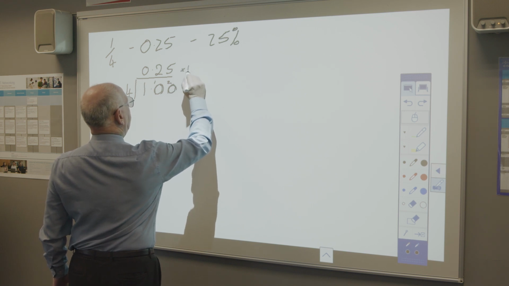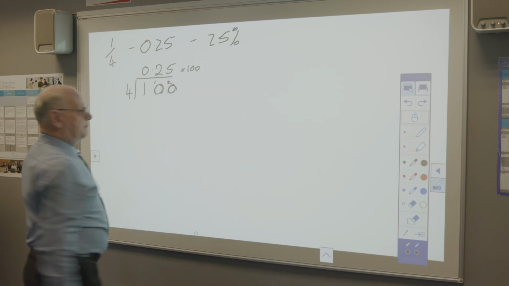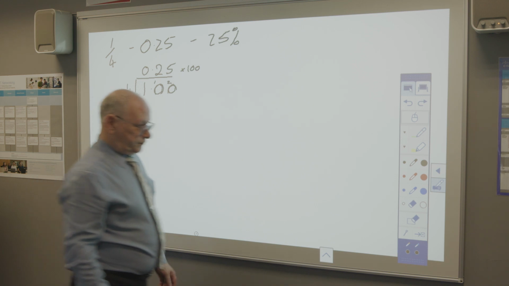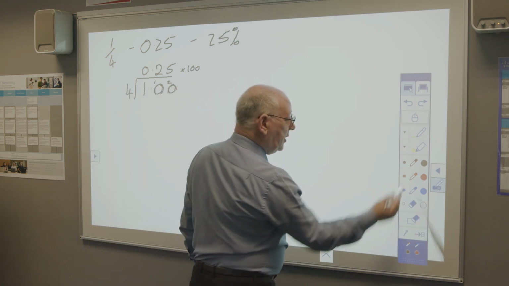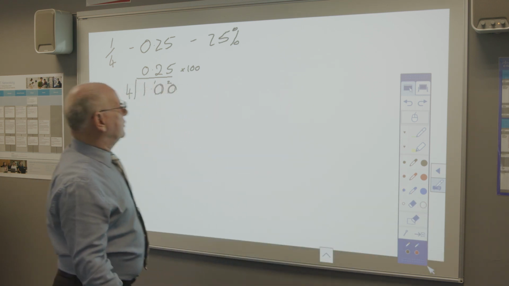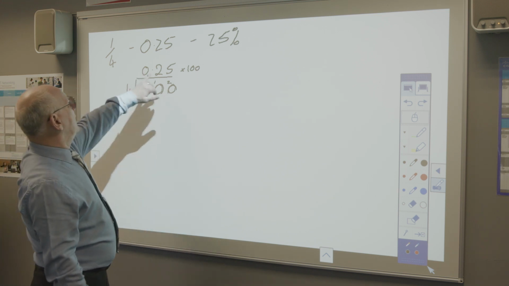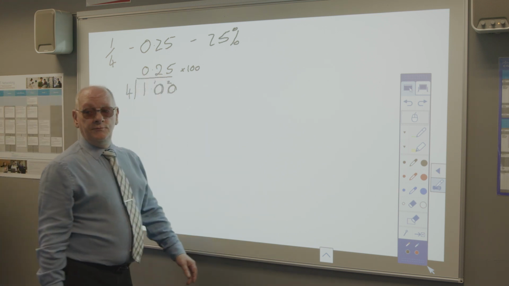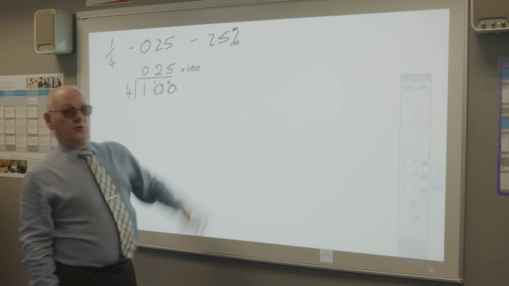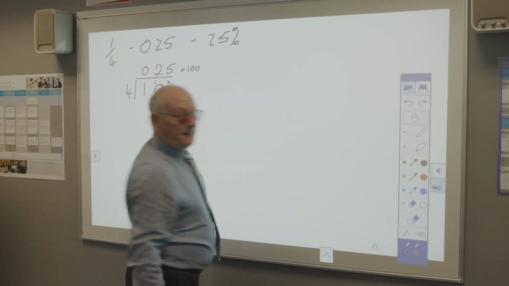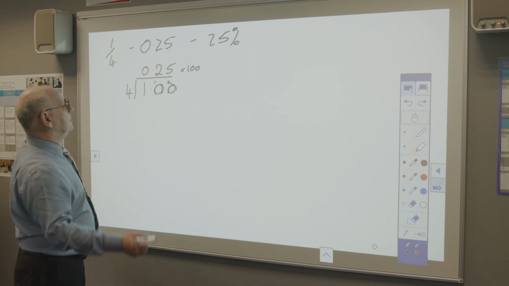You multiply by 100. Now, you could, if you really wanted to and you've got loads of time to spend on your exam, which you haven't, you could put that as a sum. 0.25 times 100 and work it out over here. Pointless.